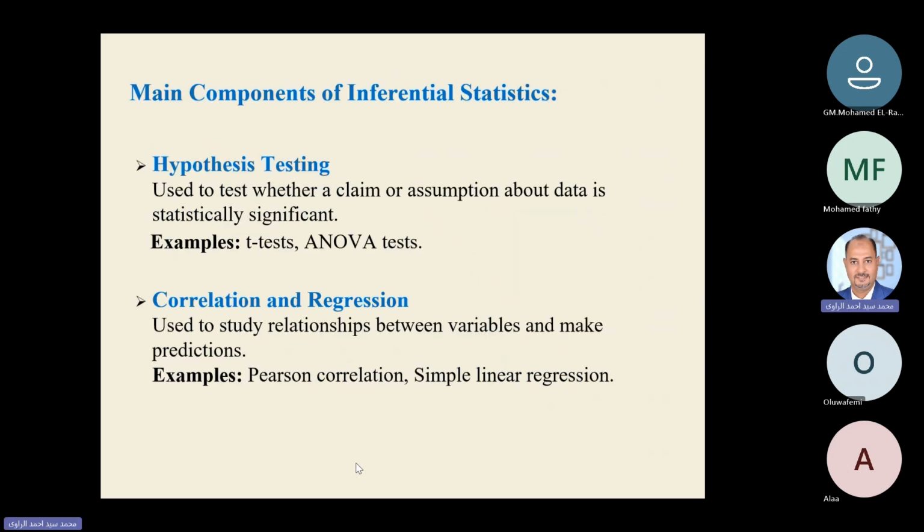It will be clear. So now, after understanding descriptive statistics, we move to inferential statistics, the other type of statistics. Descriptive statistics help us summarize and describe our data, such as calculating the mean, the median, the range, and the standard deviation.